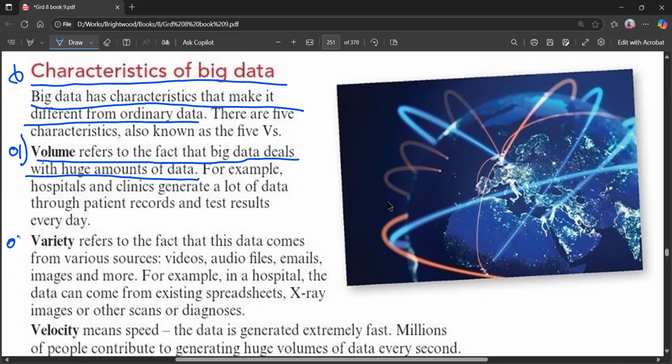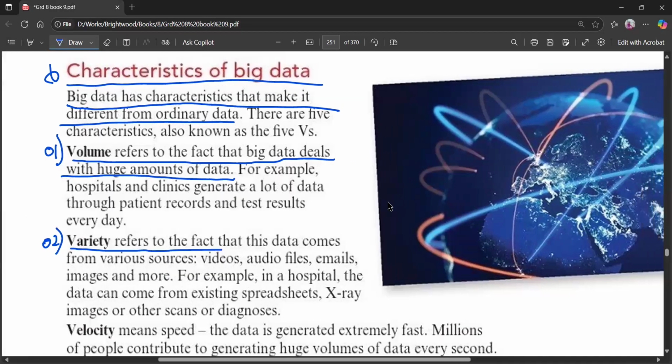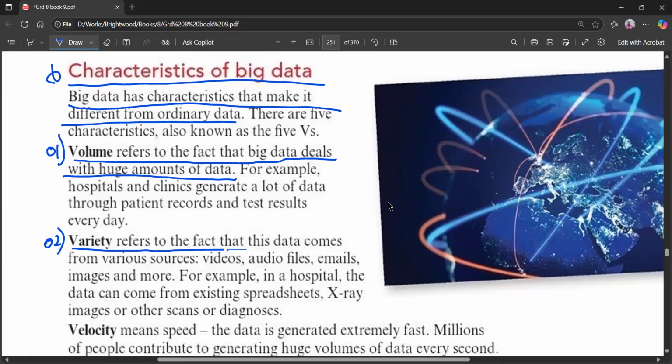And the second thing is variety. Variety refers to the fact that this data comes from various sources, like videos, audio files, emails, images, and more.